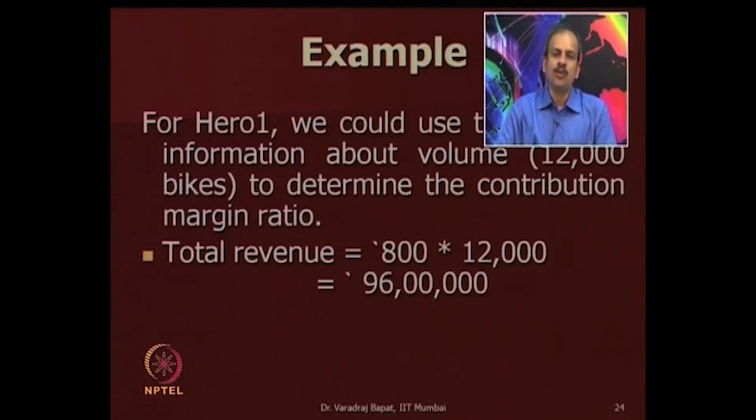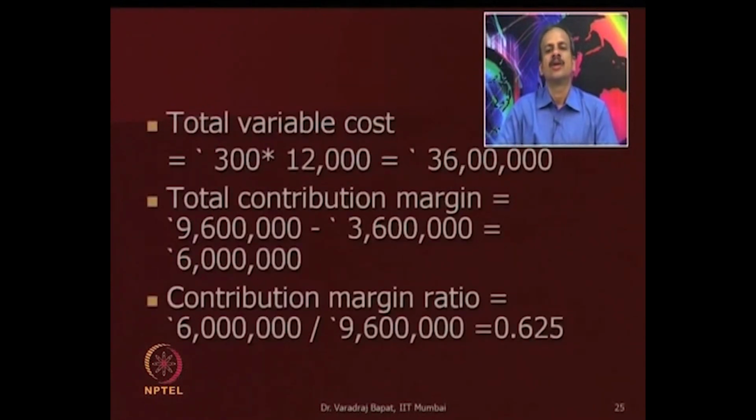Now if we try to do it for Hero, we know that 12,000 is our estimated sales, 800 is the selling price. So 12,000 into 800, the estimated revenue is 96 lakhs. Total variable cost is 300 into 12,000. 300 is the cost per unit, 12,000 the number of units. So 36 lakhs.